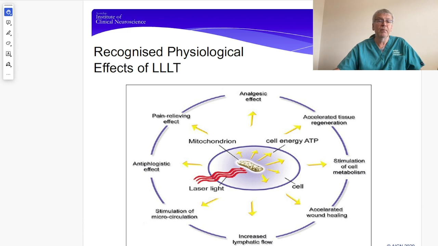We know we can produce microstimulation, through the release of nitric oxide, increased lymphatic flow, which we'll talk about, accelerated wound healing, stimulation of cell metabolism, and acceleration of tissue regeneration, and that can also include neurological regeneration and neurological functional activity. So a lot of stuff happening when we put light into a tissue.